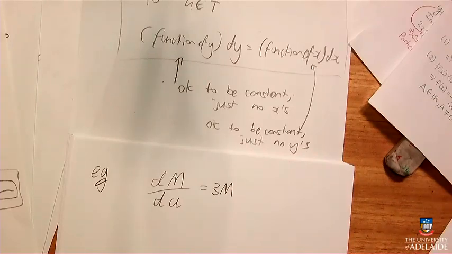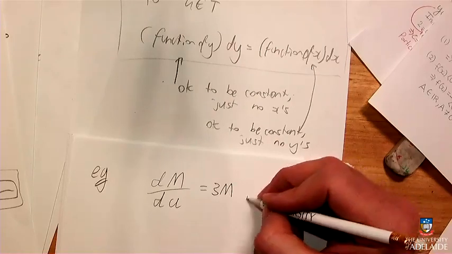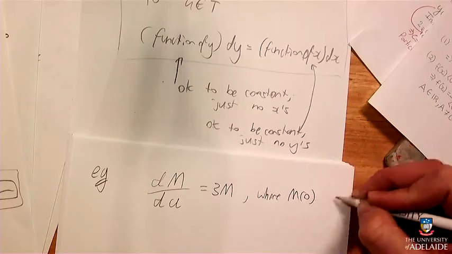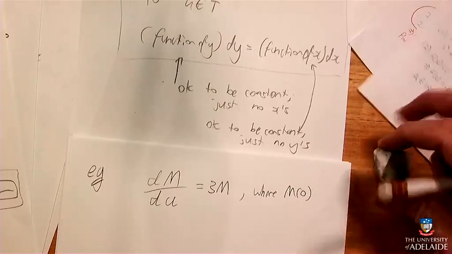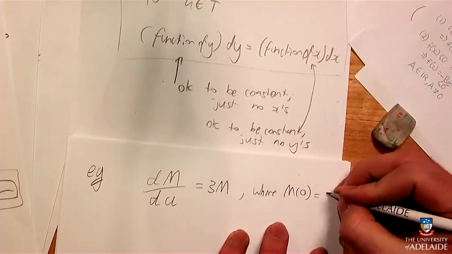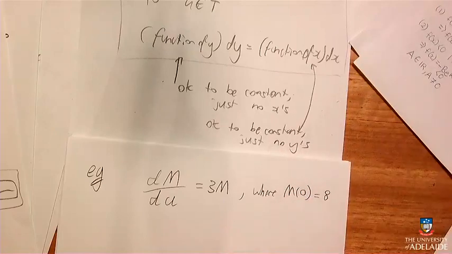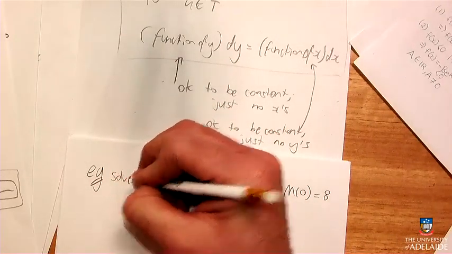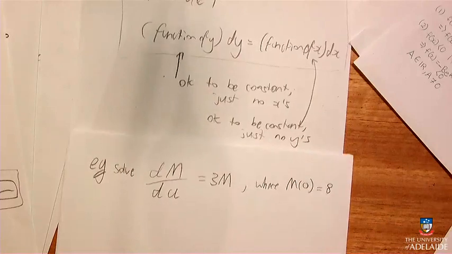That's what I've got here. Oh, and let's just chuck in something. Yeah, let's do 0. Where m of 0 is 8. So we're going to solve that. Should really probably put a verb in here. Solve. Okay.